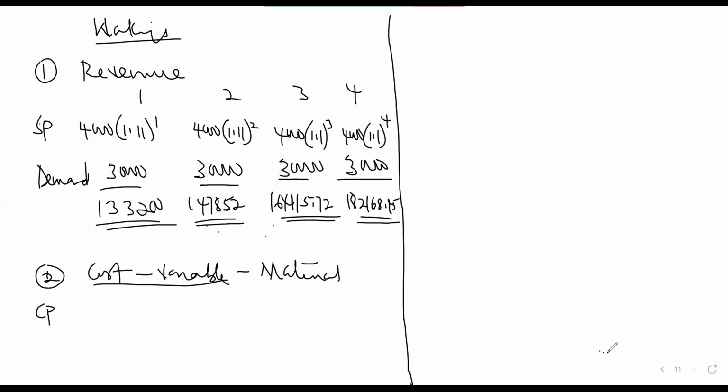So what we do is it will be 550 into bracket 1.11 exponent 1, isn't it? 550 into 1.11 exponent 2. 550 into 1.11 exponent 3. 550 into 1.11 exponent 4.